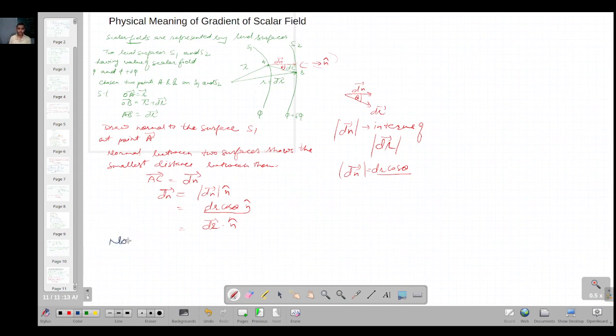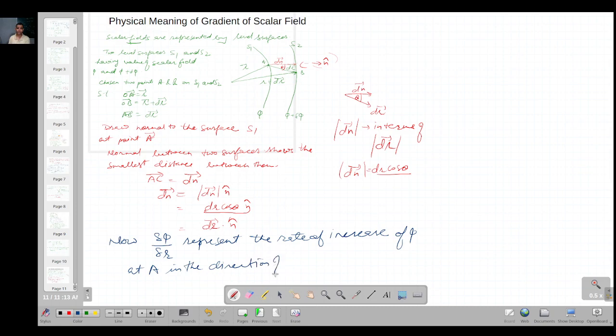Now change in phi with respect to change in r represents the rate of increase of phi in the direction of AB.